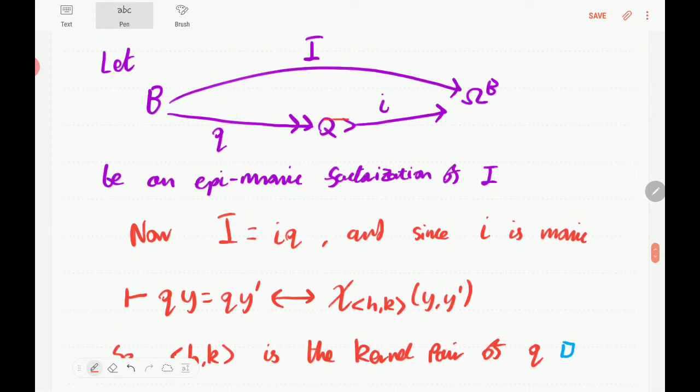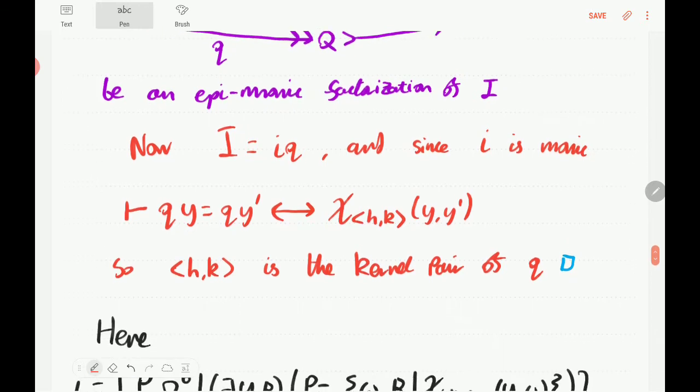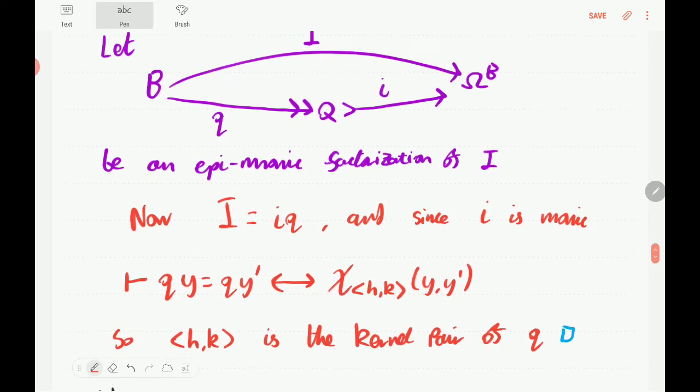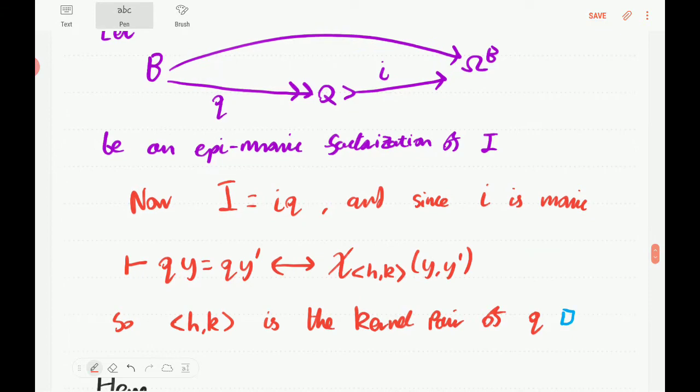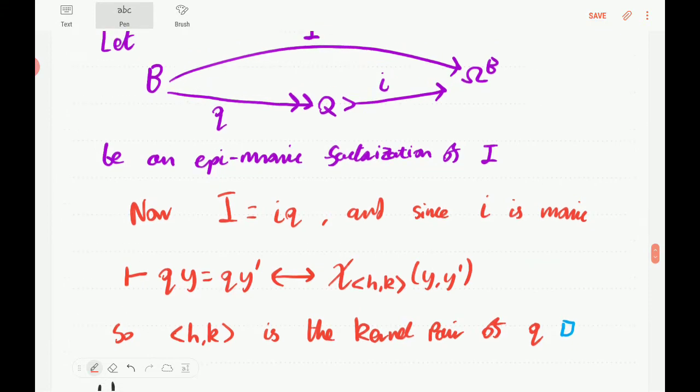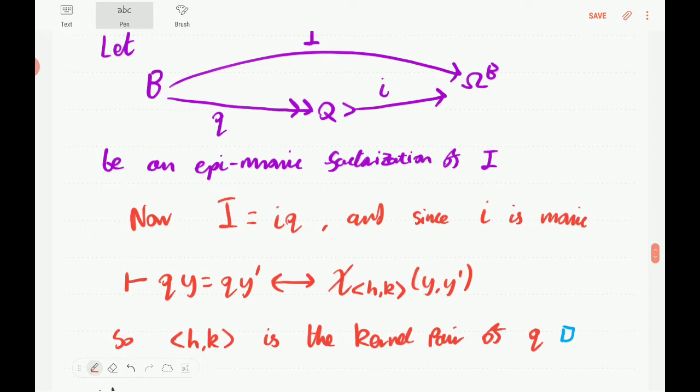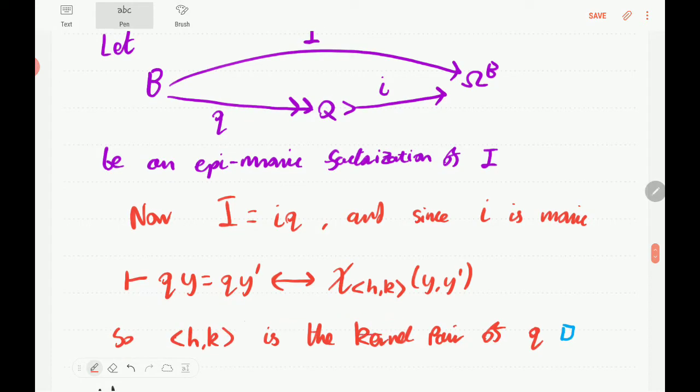Well, let's let the target of this epimorphism be capital Q. Then we're going to have that ⟨H, K⟩ is the kernel pair of this little q.